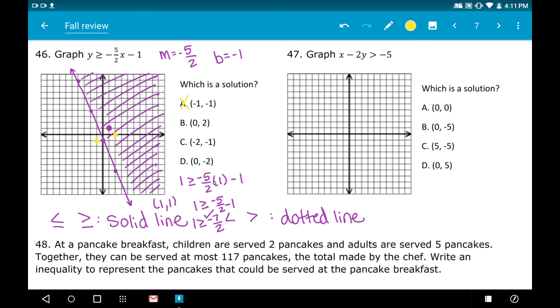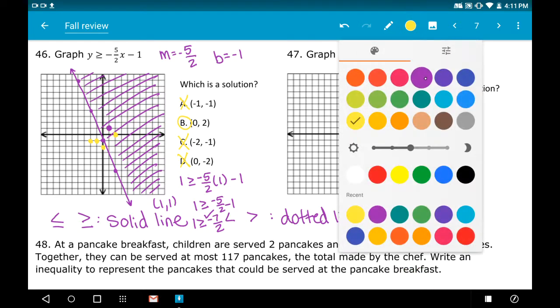That one is in the shaded area, so B is a solution. -2, -1. Not in the shaded area, so not a solution. And 0, -2. Also not in our shaded area, so B is the only solution there.